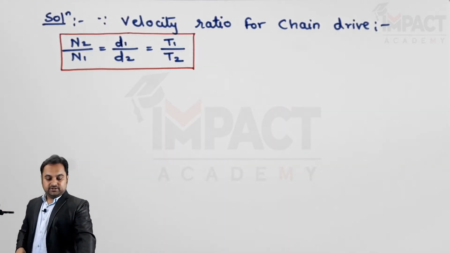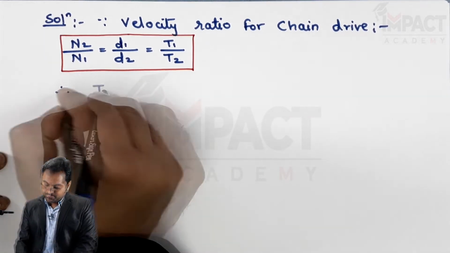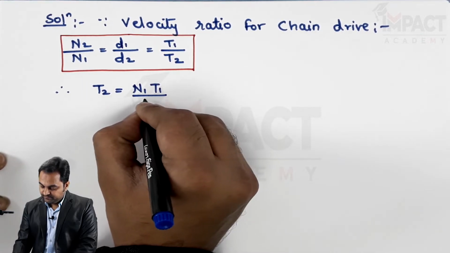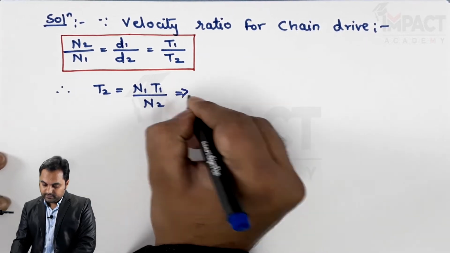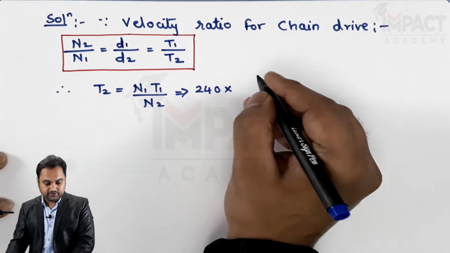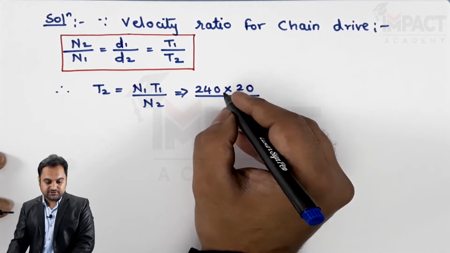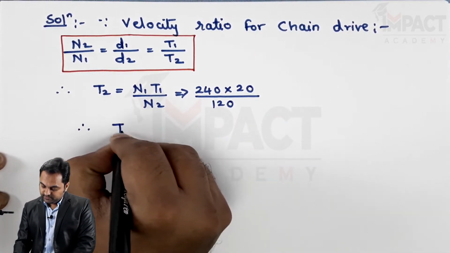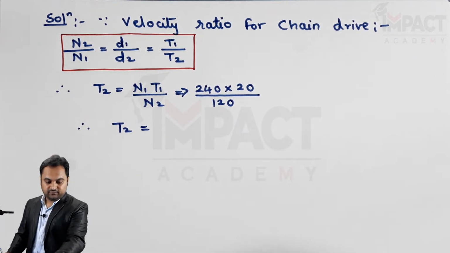Now since we have to calculate T2, we'll keep T2 on one side, so it becomes N1 T1 divided by N2. N1 is given as 240, T1 is 20, N2 is 120. So from this, the answer of T2 comes out to be 40.